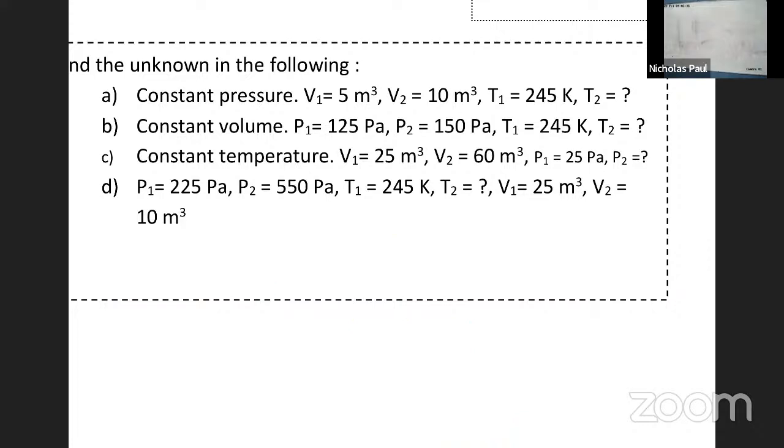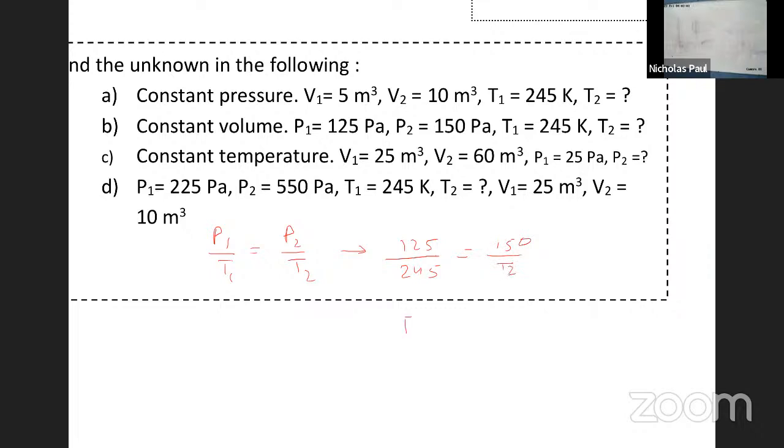Right, you're finishing next. So constant volume is what? Constant volume is pressure law. P1 over T1 is equal to P2 over T2, right? So P1 is 125, T1 is 245, next is 150 over T2.